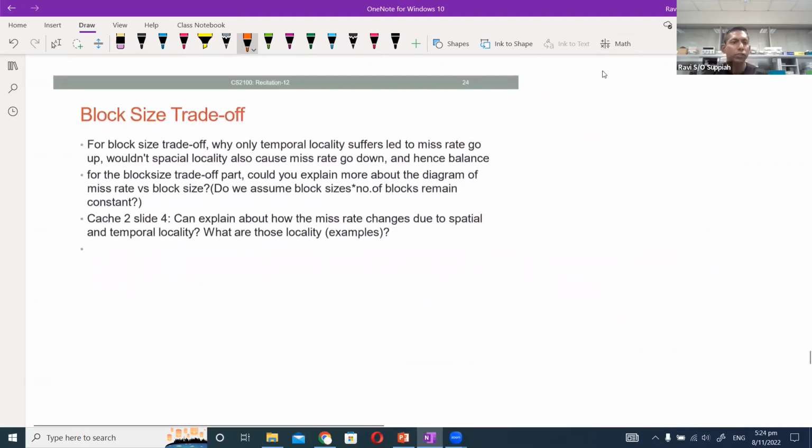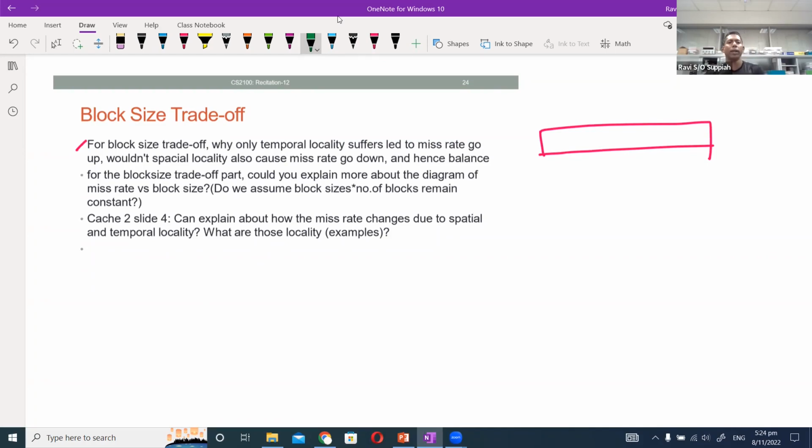For the block size trade-off, why does temporal locality suffer? It leads to a higher miss rate. When you increase the block size, it means every time there is a miss, you fetch a bigger block of data and bring it in, correct? For data that is close together, it is good.